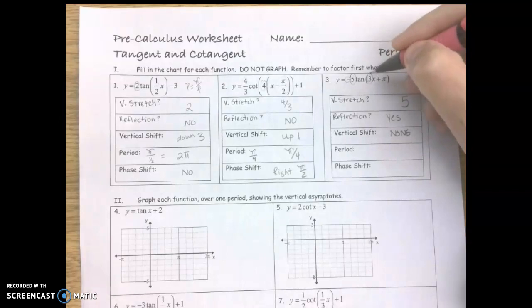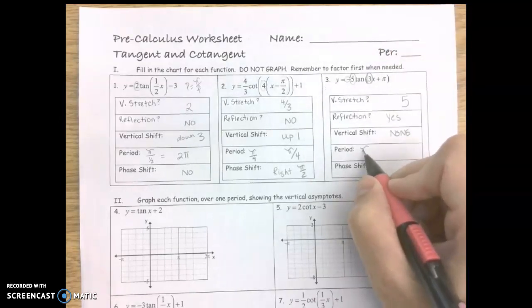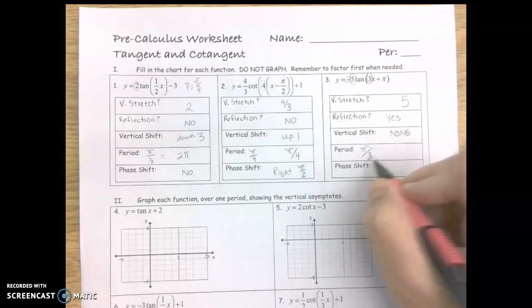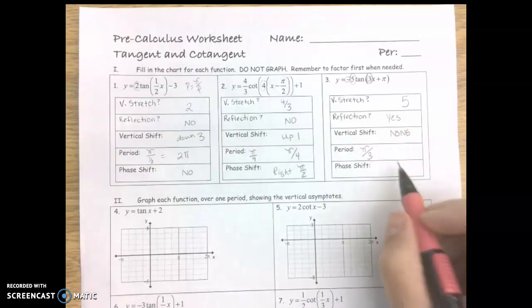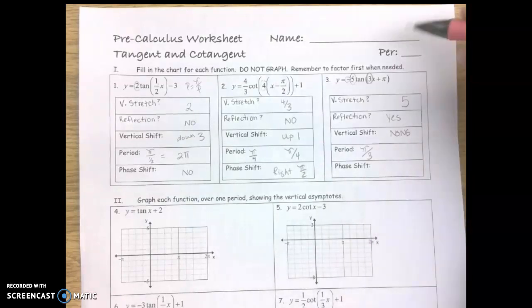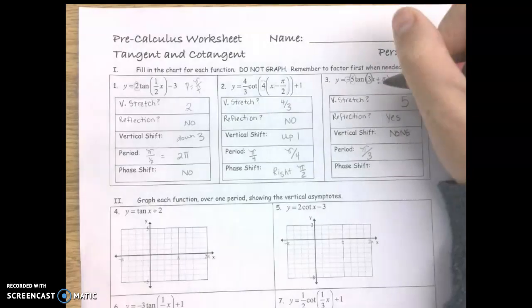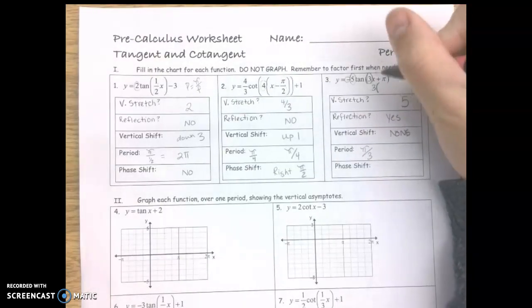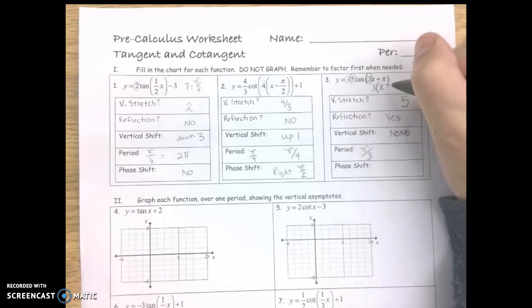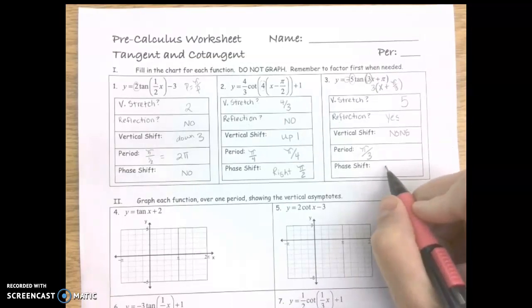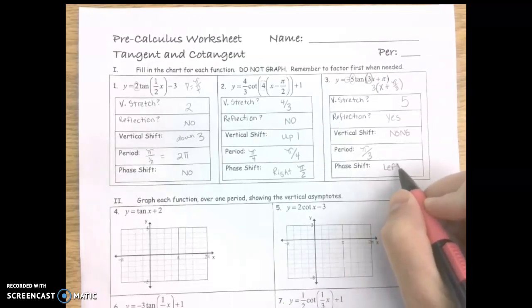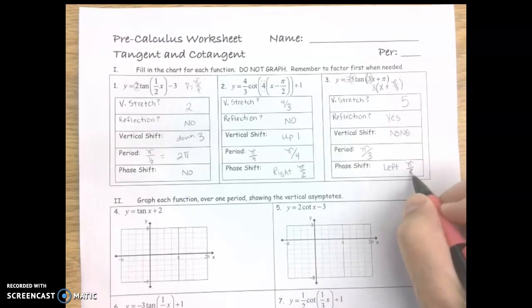The frequency is going to be 3, so the period would be pi divided by the frequency. And the phase shift, we have to fix this a little bit and factor it. When I factor out that frequency, I get x plus pi over 3. So my phase shift is going to be left pi over 3.